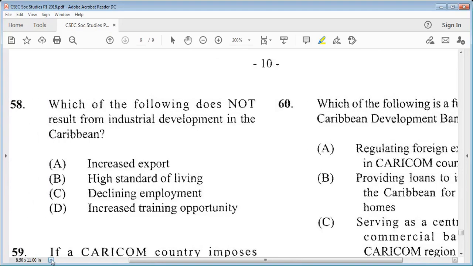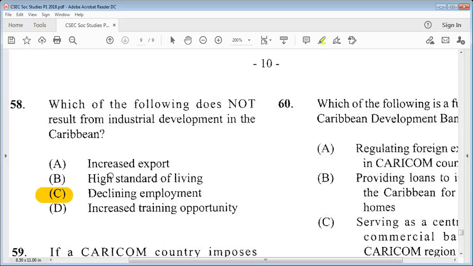Here it says, which of the following does not result from industrial development in the Caribbean? A, increased export, B, high standard of living, C, decline in employment, or D, increased training opportunity. We know it says which of the following does not result in industrial development. So we know the C, decline in employment.